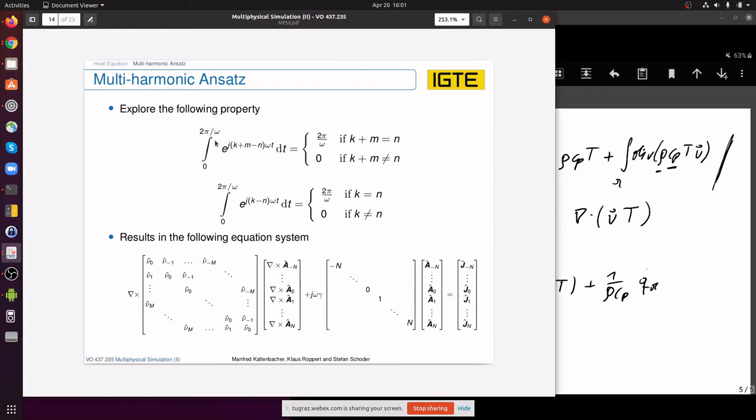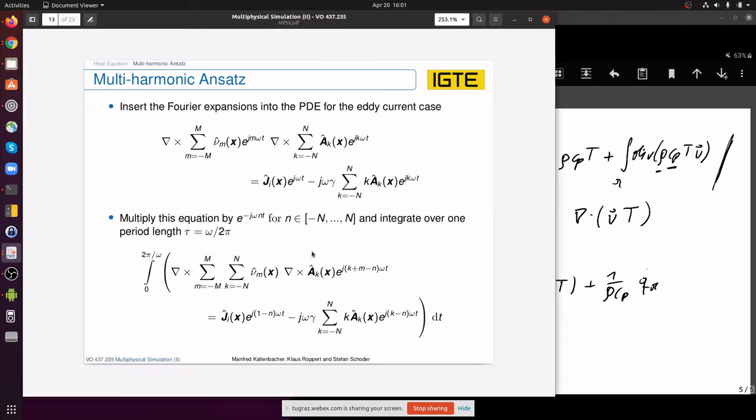explore the property that if we're integrating this exponential function over one period, it is 0 if this exponent is not 0. So for this exponent to be 0, we need, in this case, k plus m to be equal to n, and the same thing occurs for the k minus n exponent coming from this term here.